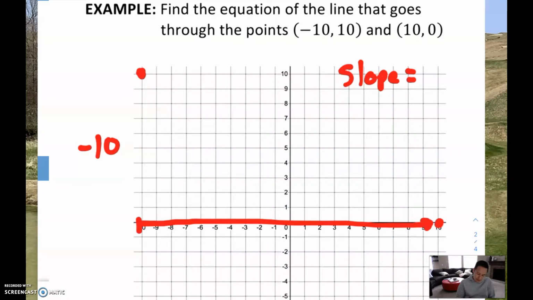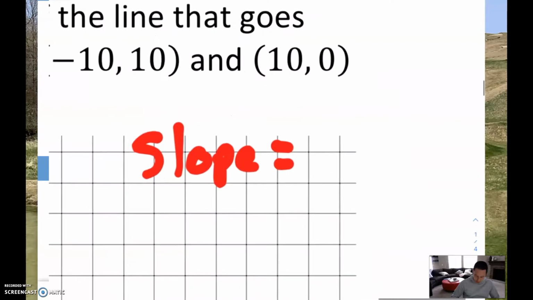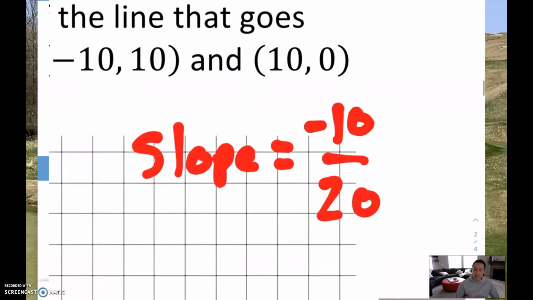If it started at negative 10 and went to positive 10, it ran by 20. So the run is 20. Your slope can be written as negative 10 over 20. It went down 10 and over 20.